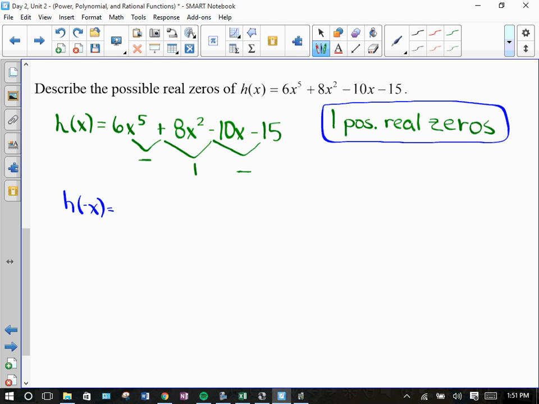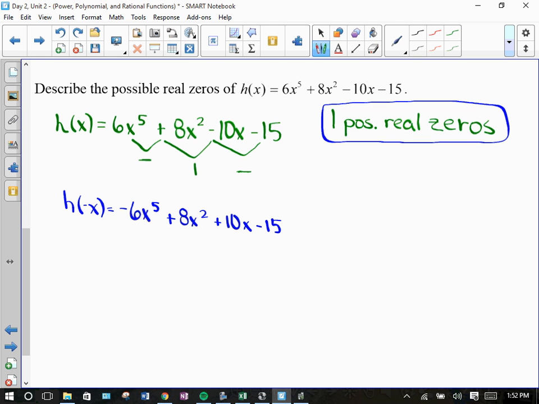It changes. So is this exponent odd? Yeah. So it's negative 6x. Is this exponent odd? No, it stays the same. Is this exponent odd? Yes. So that's negative 10x. Is this exponent odd? No, it doesn't have an exponent.